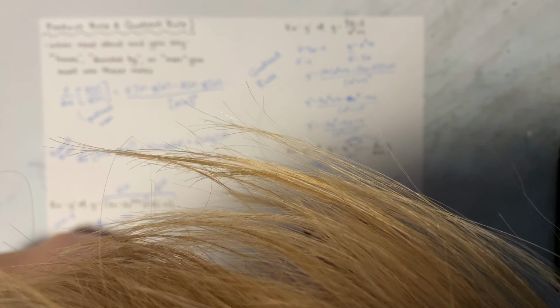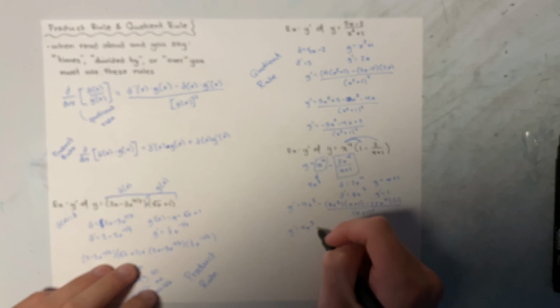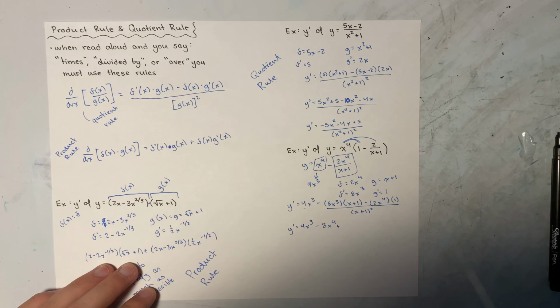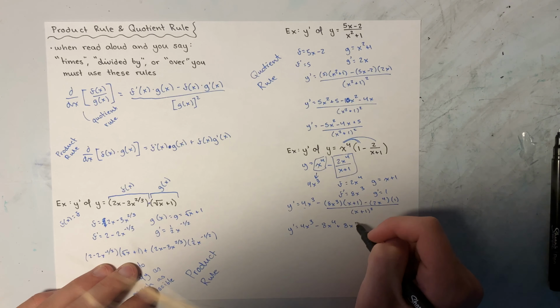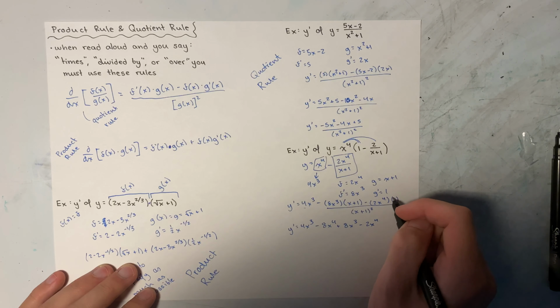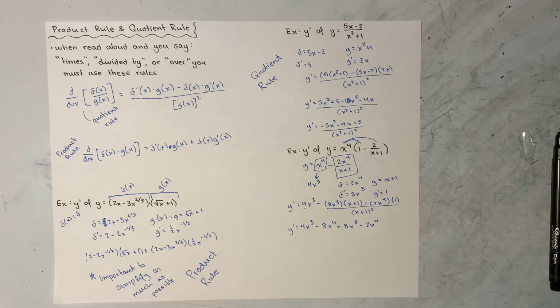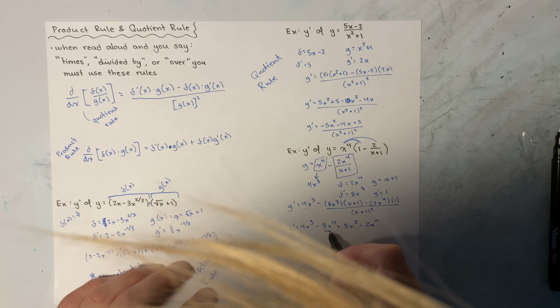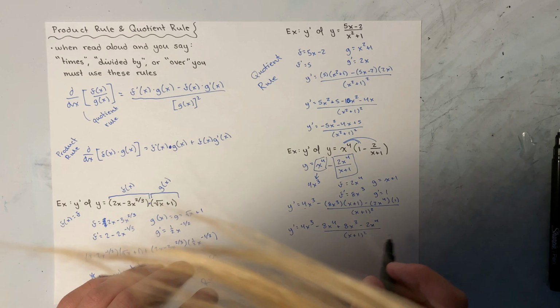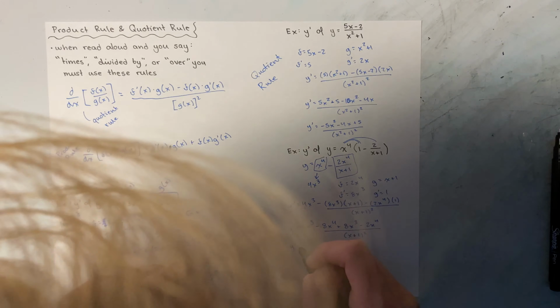So y prime is going to be equal to 4x cubed minus, and then this will just become 8x to the 4th plus 8x cubed minus 2x to the 4th, and we can get rid of this 1 because it's just 1 times 2x to the 4th, which is just 2x to the 4th, divided by x plus 1 squared. And then we can keep simplifying.